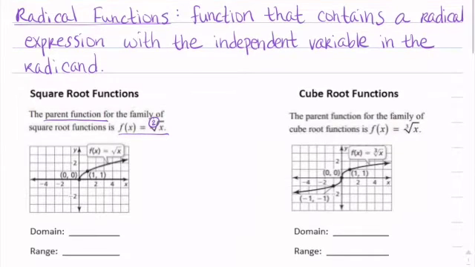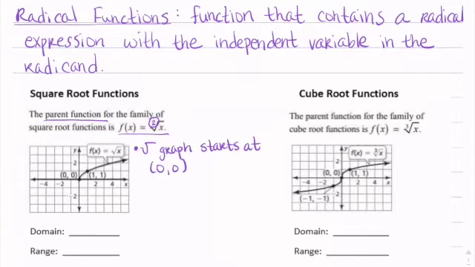All right, so let's talk about the graph. You'll notice that the graph starts at 0, 0, and it continues kind of up and to the right. So it's going towards positive infinity in the x and the y direction. The square root graph starts at 0, 0.